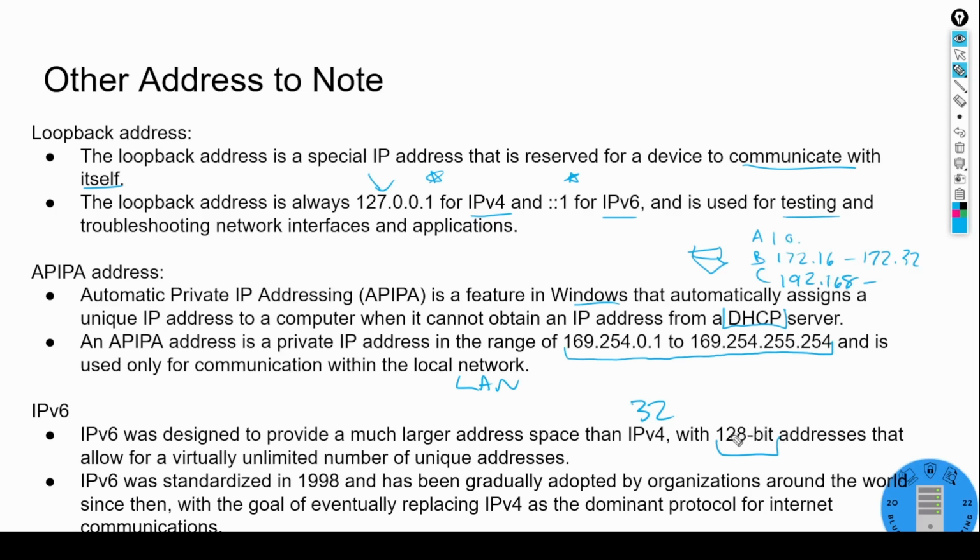Everyone can have a public IP and assign it to their device. And again, we're slowly transitioning from IP version 4 to IP version 6 with the goal of obviously replacing IPv4 as the dominant protocol of internet communications.